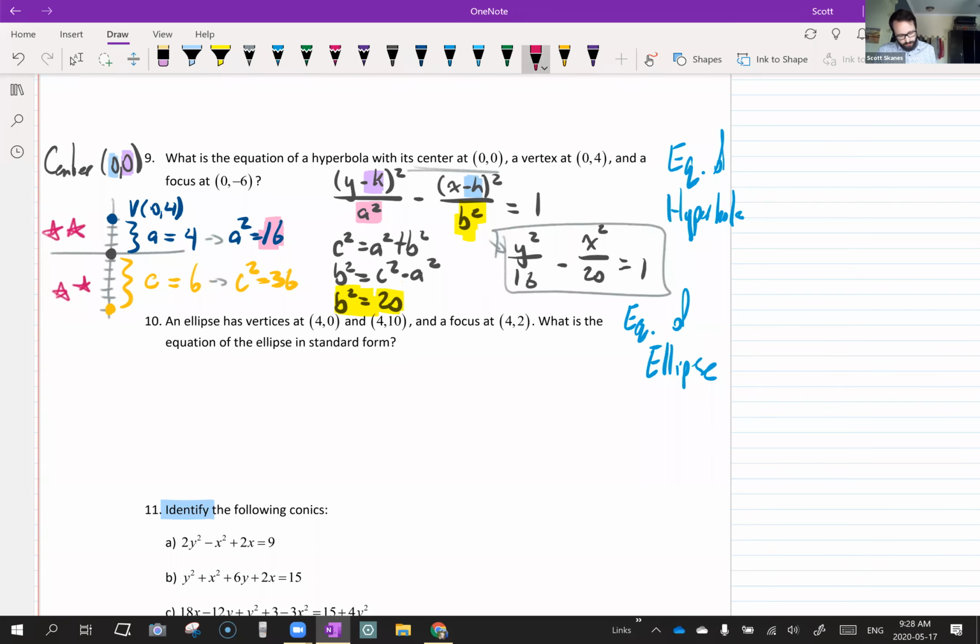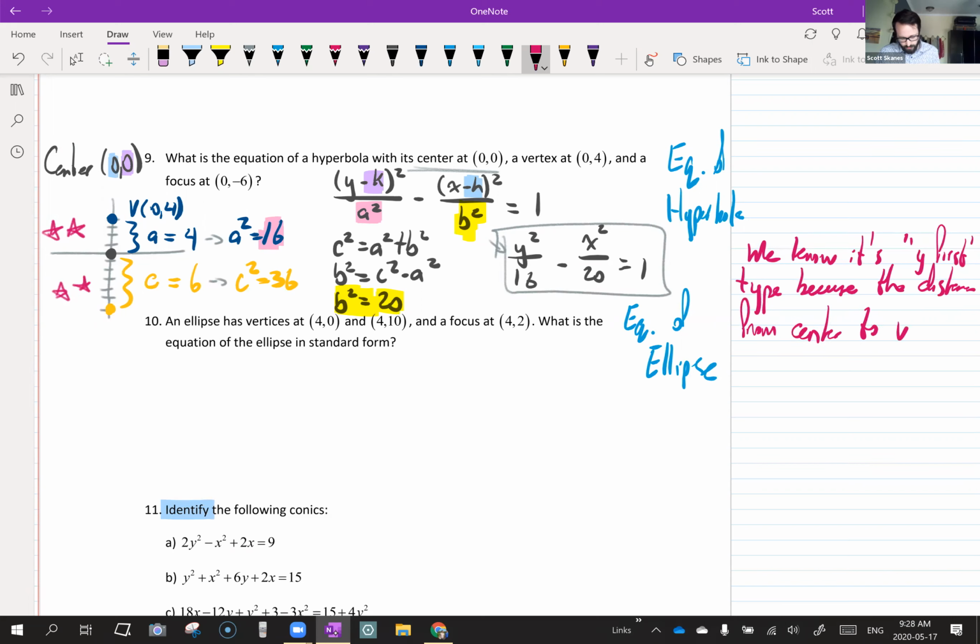So I'll make a note here. We know it's a y first type because the distance from center to vertex and the focus is up and down, is vertical.